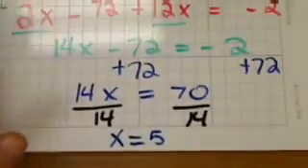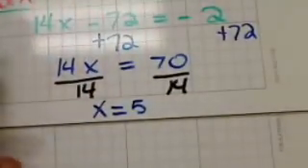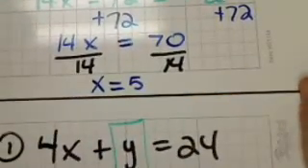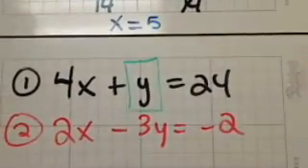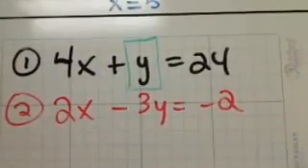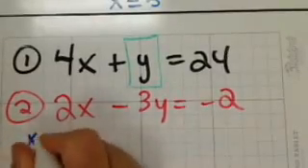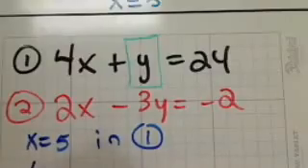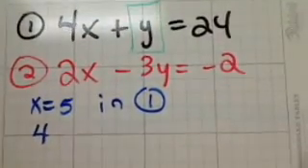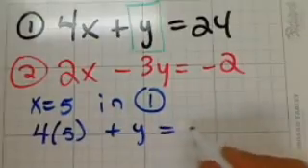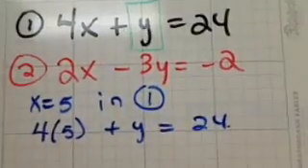Now that I've simplified it to that point, I can go ahead and resubstitute that back into my system. So I have x is equal to 5, so I'll put that back perhaps in equation number 1. So I'll have x equals 5 in equation 1. So that'll be 4 times 5, plus y equals 24.